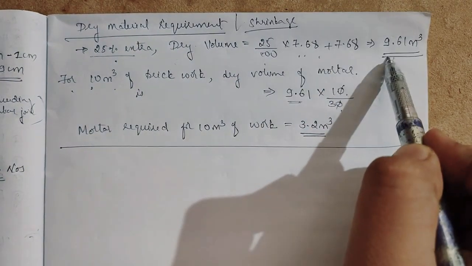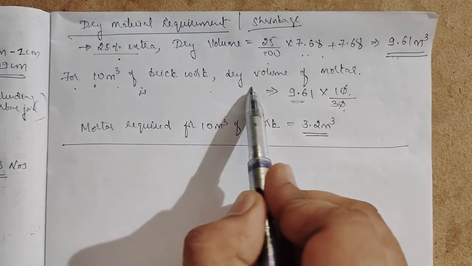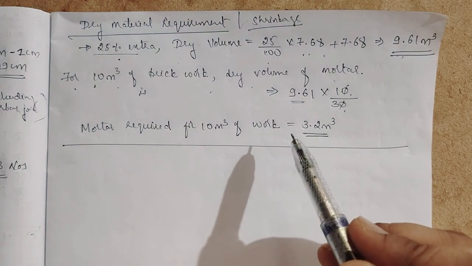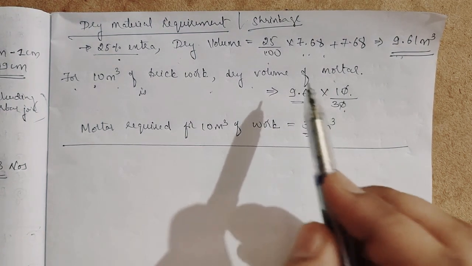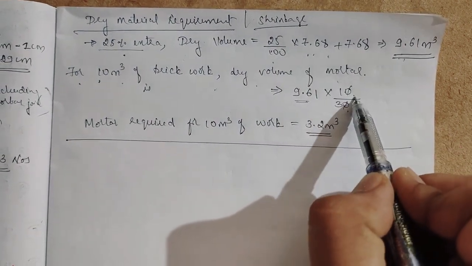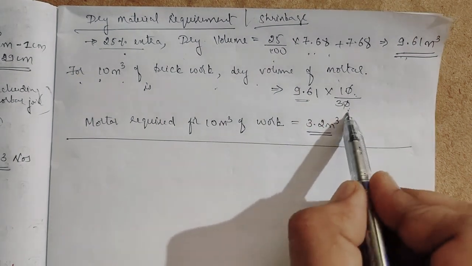So it will become 9.61 meter cube. So for 10 meter cube of brickwork, dry volume of mortar, we want dry volume, we will not get mixed volume in the shop, we want dry volume only. So dry volume is equal to 9.61 into, for 10 meter cube we want, divided by the actual volume, it is 30.